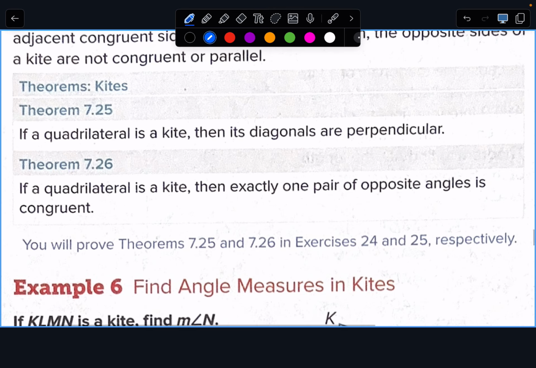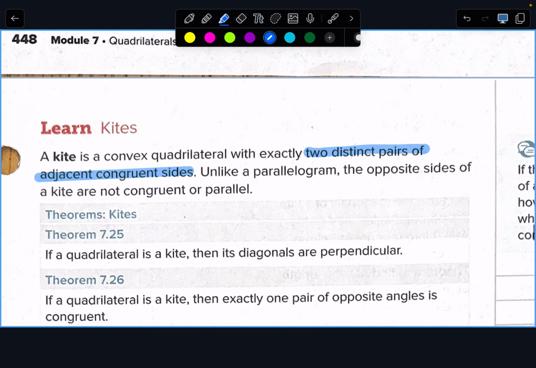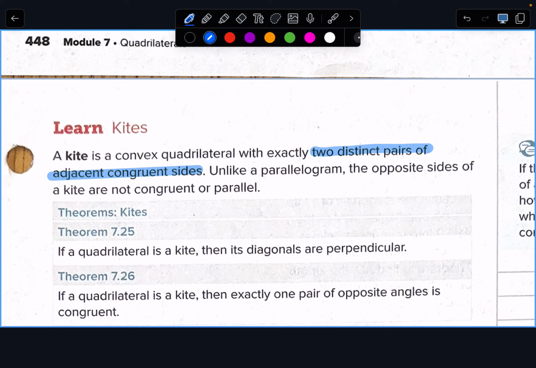Okay. A kite. What is true about a kite? A kite is not a rhombus. A kite has two distinct pairs of adjacent congruent sides, unlike a parallelogram.